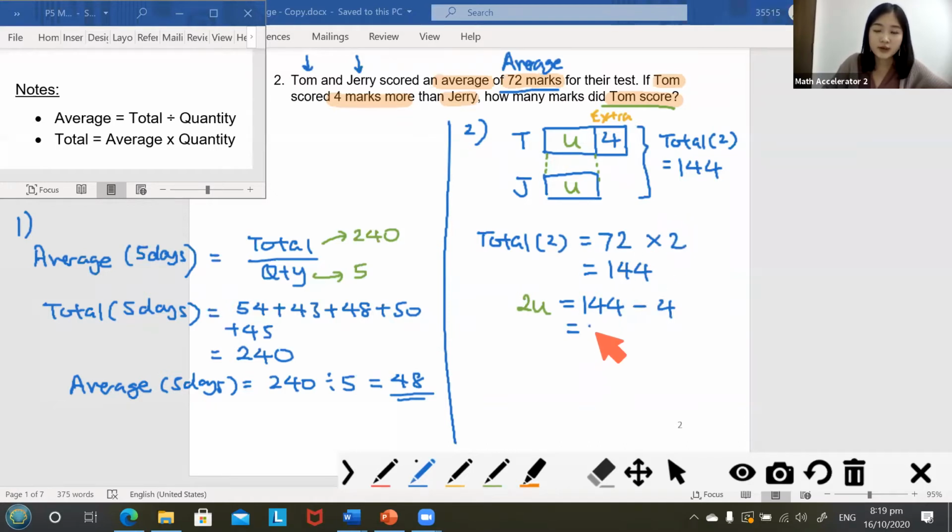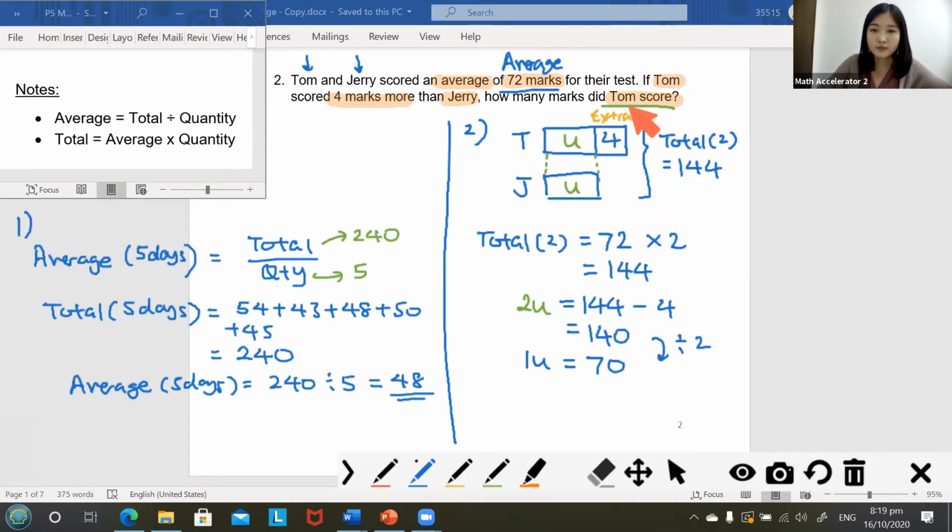Okay, so you have 140 for 2 units, right? Let's find 1 unit. Divide by 2. 70, okay. So what's next?